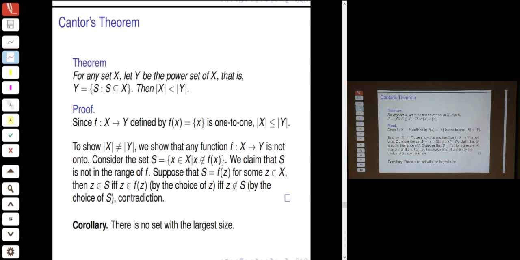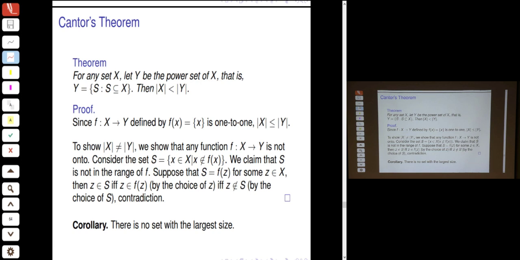Hopefully now we are very energetic. Our minds are fresh. Okay, so first let me read the theorem, what we want to show. The theorem says this.